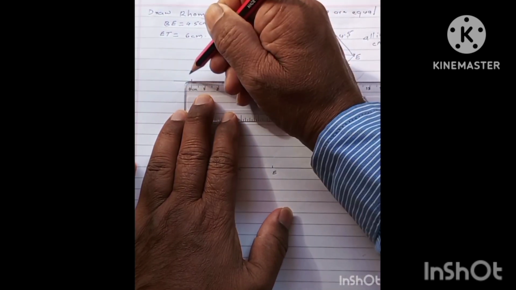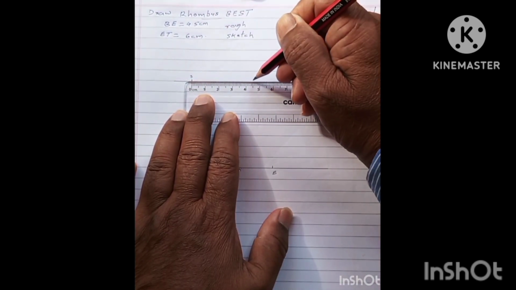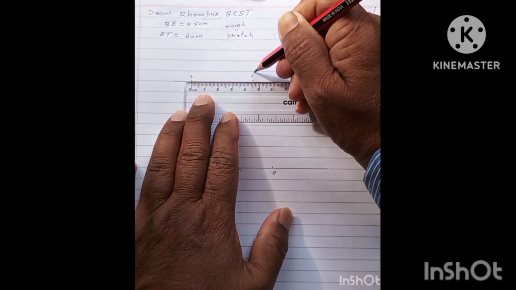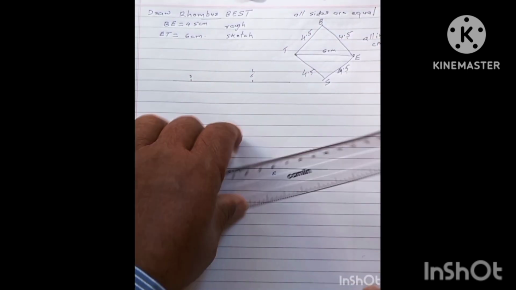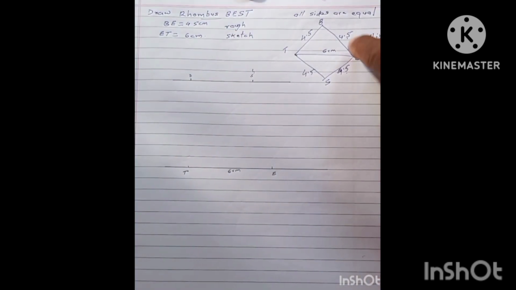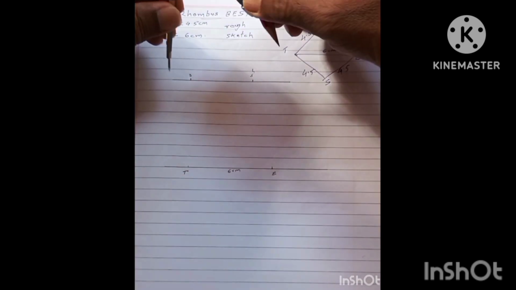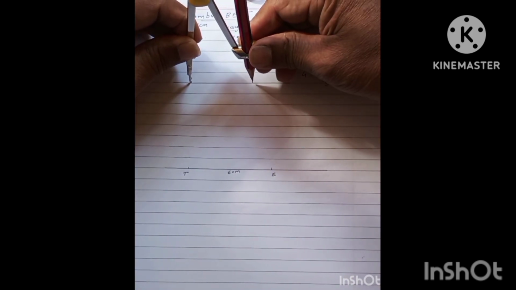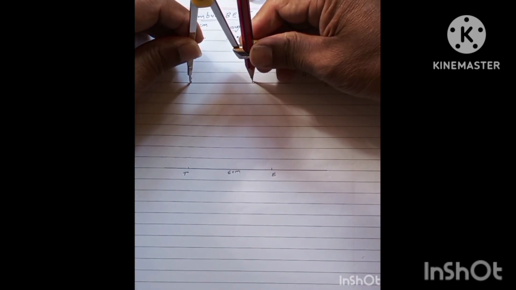This is 0 and you need exact 4.5. Okay, take that care always. Now, B is 4.5 centimeters away from E and also from T. Same way, S is 4.5 away from T and E.